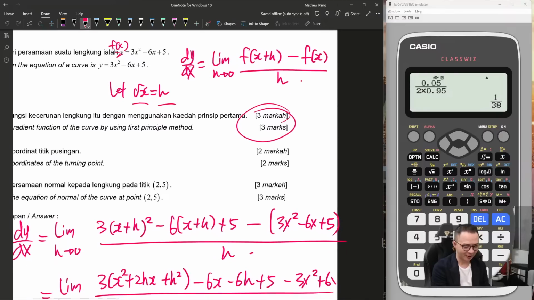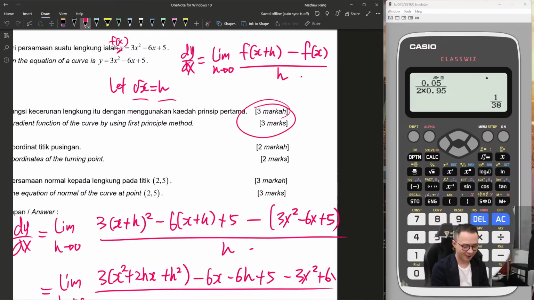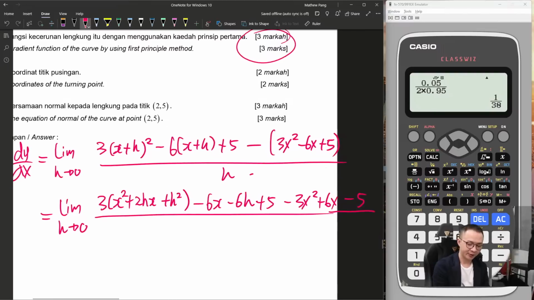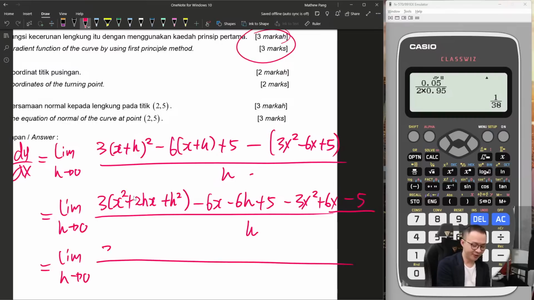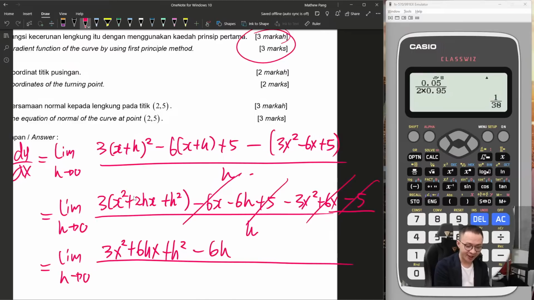No, right? Okay, keep copying this, then expand.